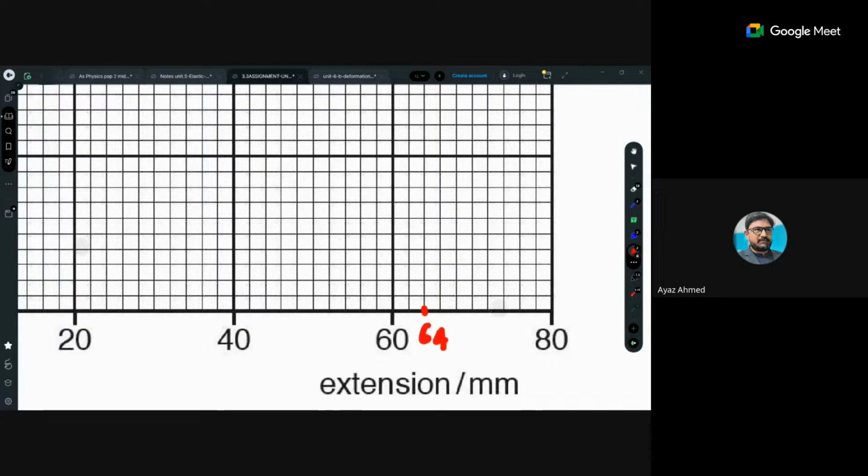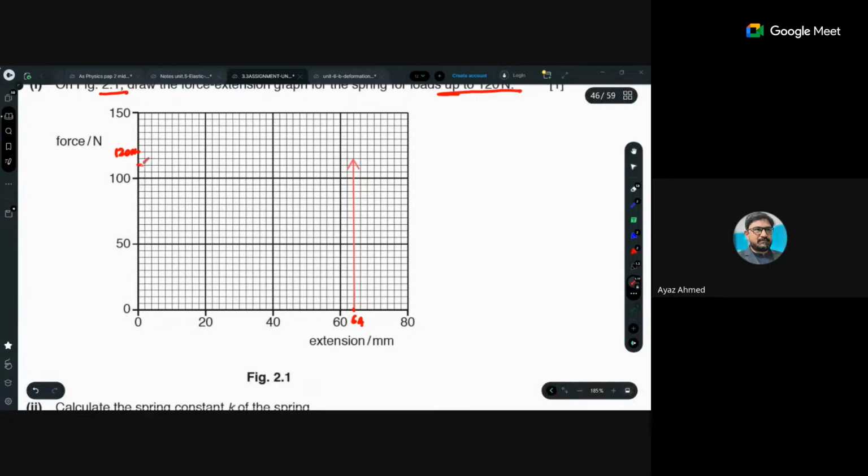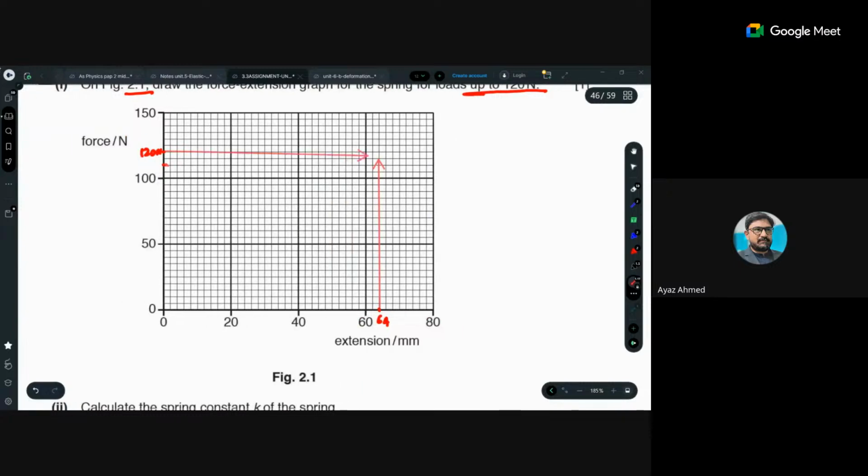Is it? So for these two, I will mark a point over here at this position, and then I will join this. Sorry, not this one, this one. This is the point where I have to reach by the graph.